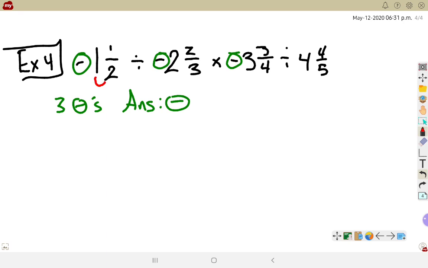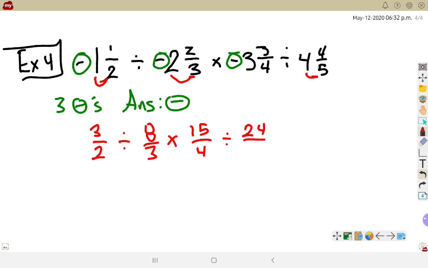So for the first one, 1 times 2 is 2 plus the 1 up top, so I get 3 over 2, divided by 2 times 3 is 6 plus the 2 up top is 8 over 3, times 3 times 4 is 12 plus 3, so we get 15 over 4. And then divided by 4 times 5 gives me 20 plus the 4 up top is 24 over 5.